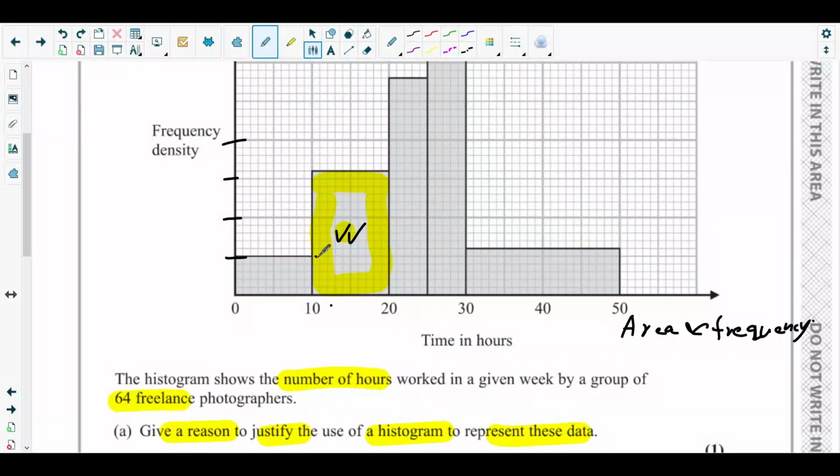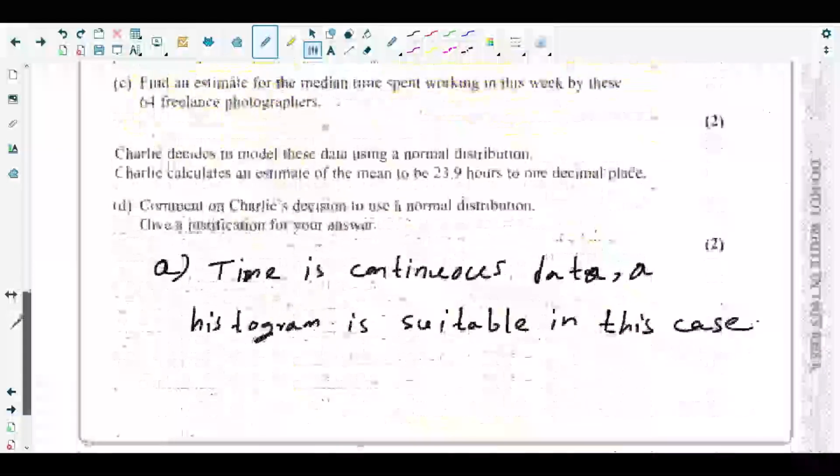One small square is 0.2, so the height is 3.2.